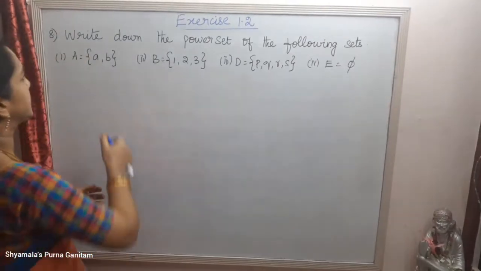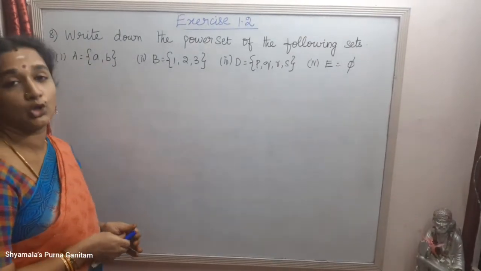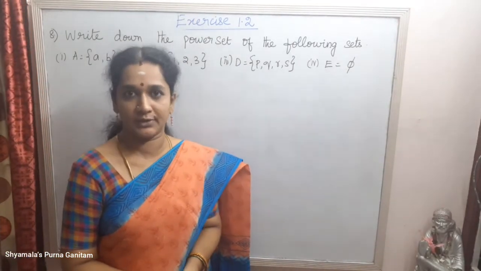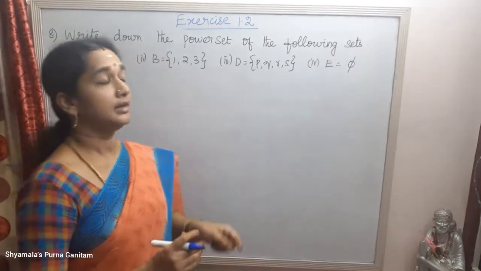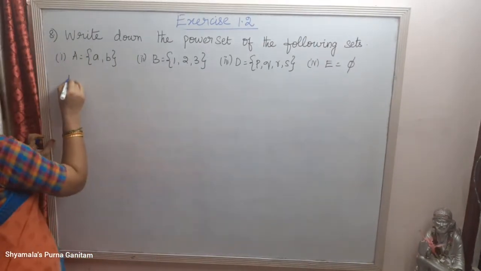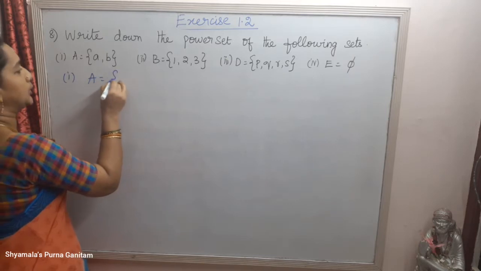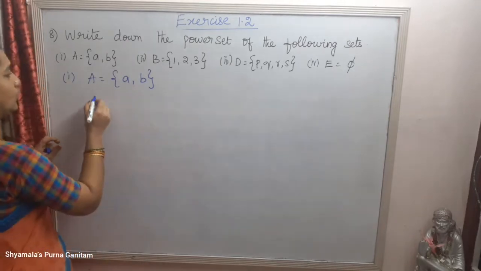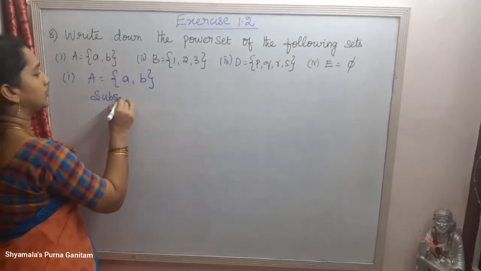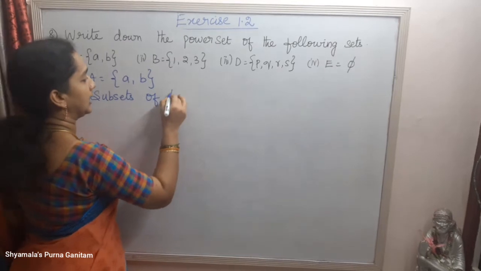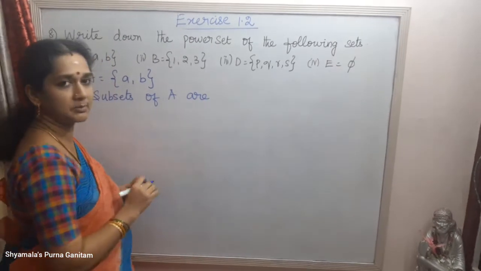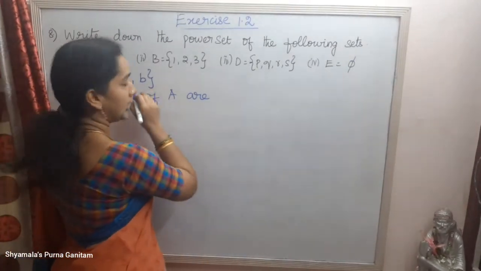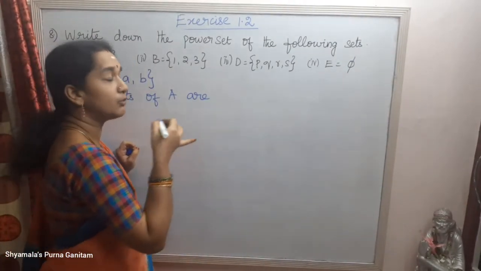Now next sum is: write down the power set of the following sets. So what is the power set of a set? All the subsets of a given set are called the power set of the given set. So first one is A equal to {a, b}. We have two elements in this set, so the subsets will be four in number.